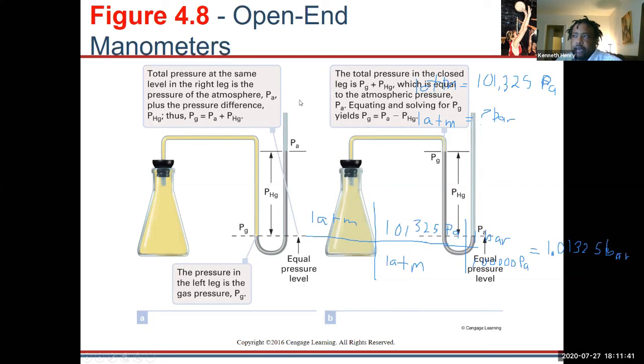PA represents atmospheric pressure, since it's open to the atmosphere. The PHg is just the change in distance in millimeters of mercury. That's what we use to calculate the overall pressure of the gas. Does that make sense?